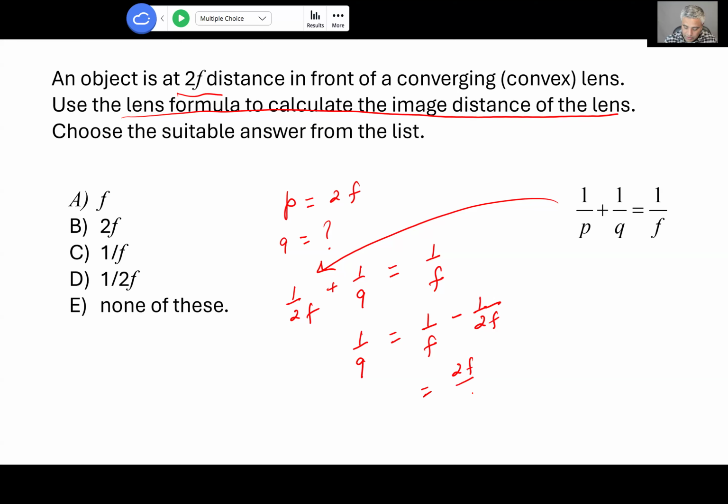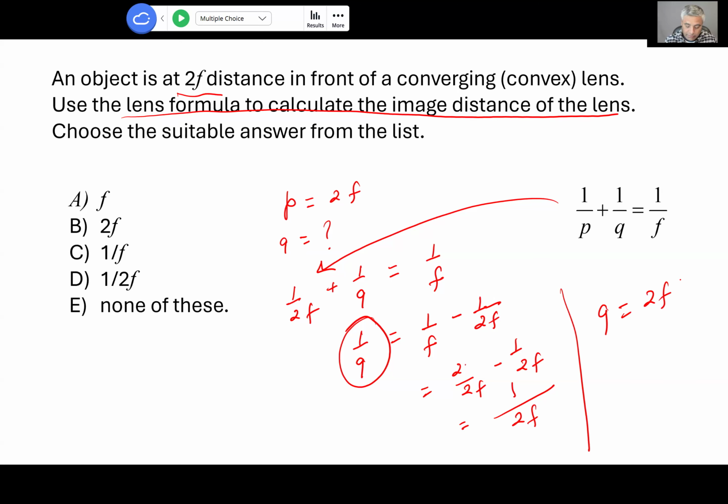So 2 over 2f minus 1 over 2f gives me 1 over 2f. Oh, hold on, this is not supposed to be 2f, just 2 over there. So that's why the f does not cancel. So this is 1 over 2f for 1 over q, but we need q, so we need to invert it. So we get 2f. So yes, B is the correct answer.